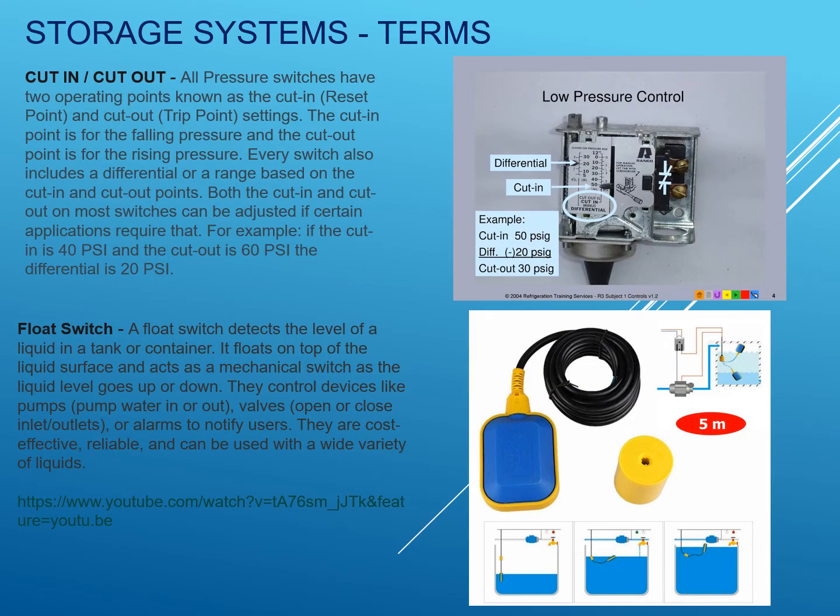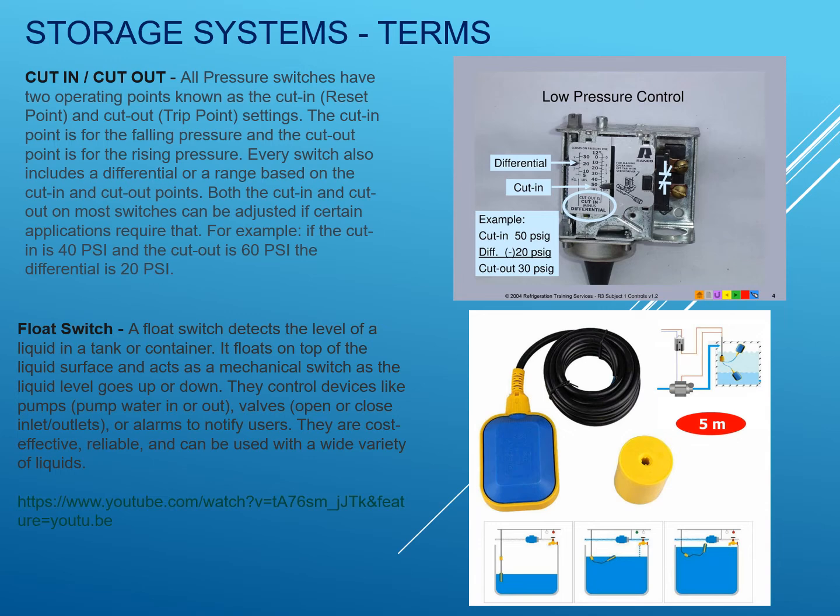Now, to discuss the various terms in plumbing, for you to be able to understand what they mean, you have first of all what is called a cut-in and cut-out. All pressure switches, these are switches which are installed in pressure tanks, have two operating points known as the cut-in, the reset point, and the cut-out, the trip point.